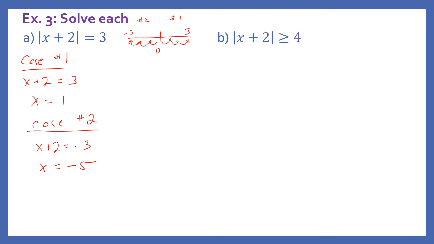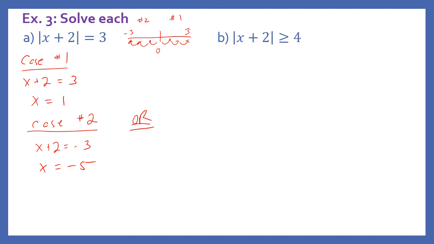Another way to think about this other case, if you don't think of it on a number line, is going back to our simplistic idea of what an absolute value does, makes anything positive. So once you get case number 1, which is the easy one, just straight up x plus 2 equals 3, the negative version of that would also, if I turn what's inside the absolute value negative, turn it into a positive, in quotations, even though you can't see my air quotations.